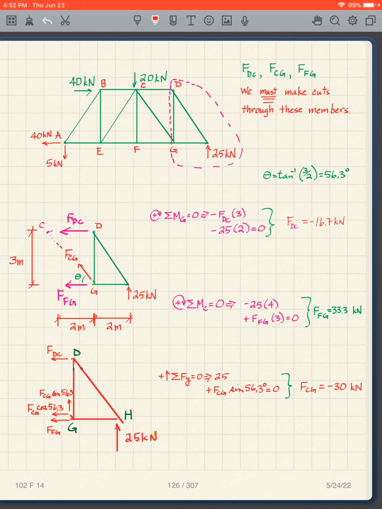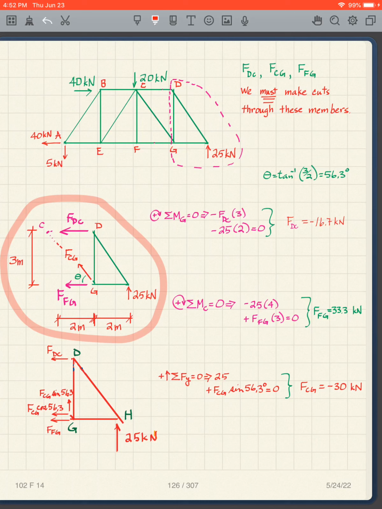And now I'm going to look at this. What we didn't do previously is we drew the free body diagram, but we did not do any solving. So now we're going to do some solving, and we're going to try to make it as easy on ourselves as possible. Let's look at this free body diagram right here, and we're going to take some moments.